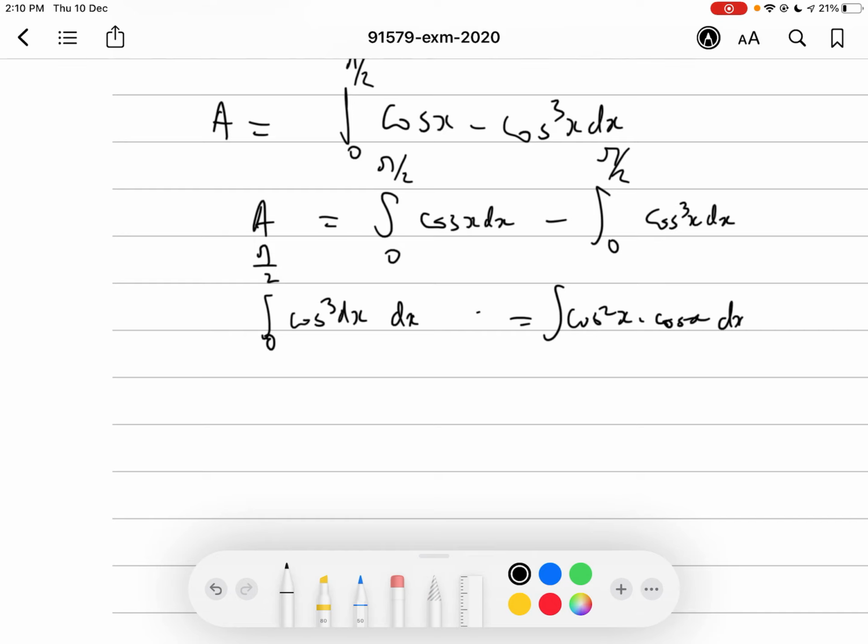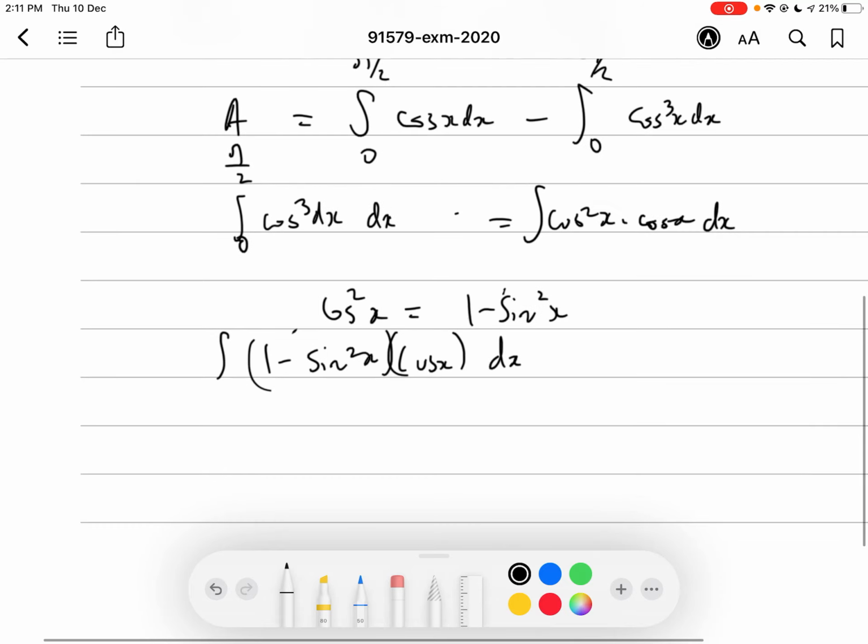We also know that cos squared of x equals 1 minus sine squared of x. So we can plug this in: 1 minus sine squared of x multiplied by cos of x dx.